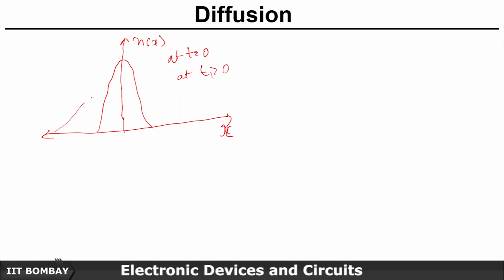This profile will become something like this, and at time t2, which is greater than t1, this will become something like this. So it will settle down. You can see the spreading of this pulse because of the diffusion. This basically happens because of the rapid thermal motion.